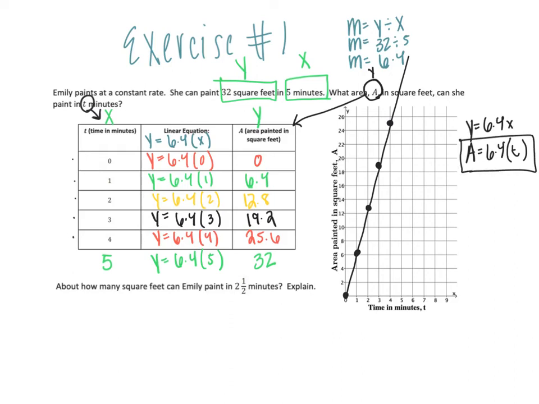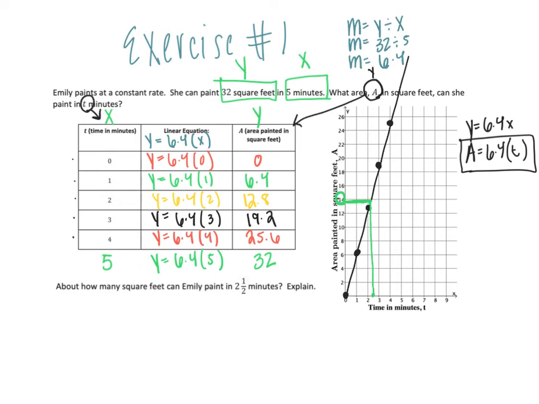All right. Last part of this exercise, you were supposed to answer this question. It says about how many square feet can Emily paint in 2.5 minutes. So I'm going to go to the 2.5 minutes, which is right here, and I'm going to draw a line up. Okay, it hits right about there. I would say 2.5 minutes is right at about 14.